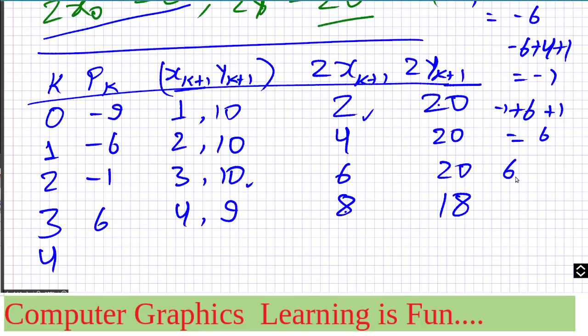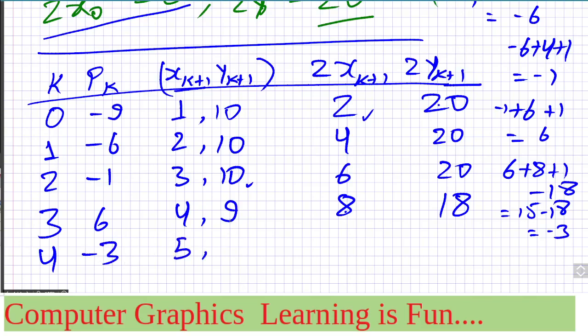So it was 6 plus 8, plus 1 and minus 18. So what is it? 6 plus 8, 14, plus 1, 15, minus 18. It is minus 3. Since it is negative, x will increase, but y will remain as it is. 5 comma 9. So now x will increase and y will remain as it is.